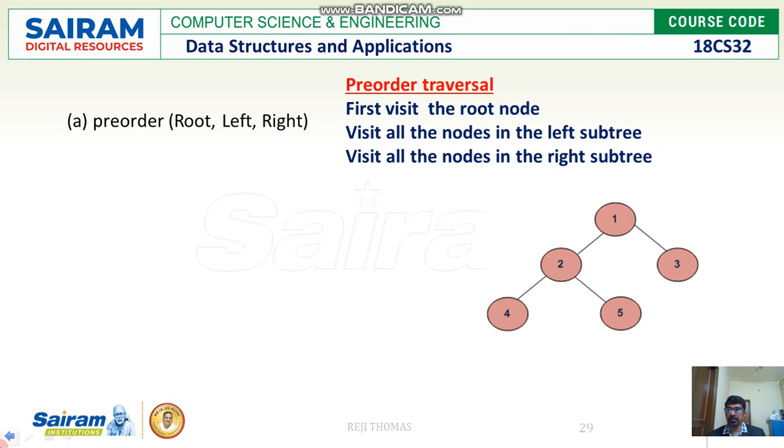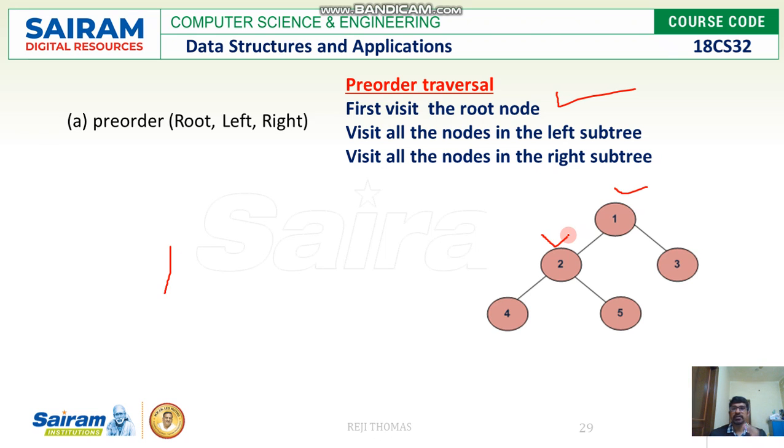If you take the given diagram, it says you have to visit the root node. The root is going to be 1, so you can write the order as 1. Then visit all the nodes in the left subtree. So you have to visit 2. But what happens when we visit the left subtree?